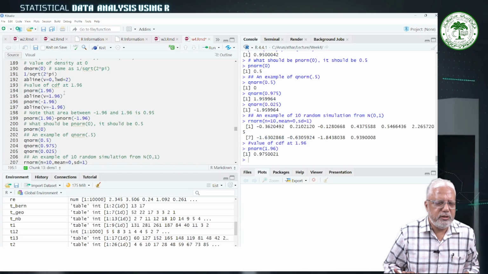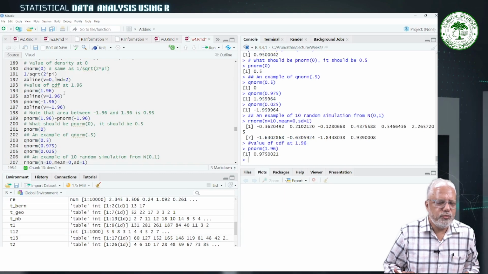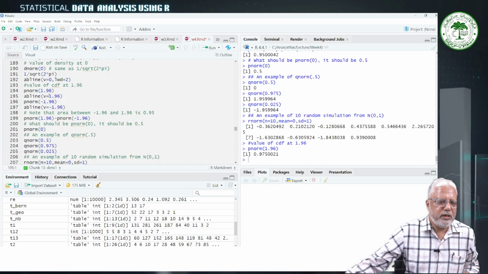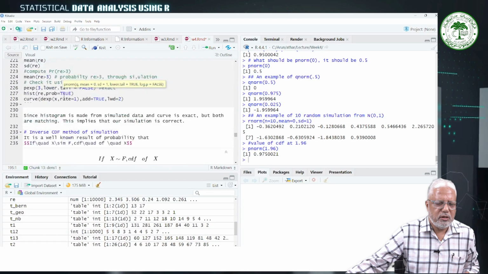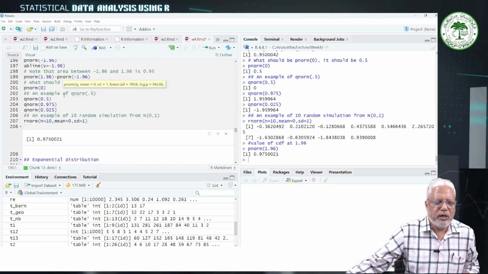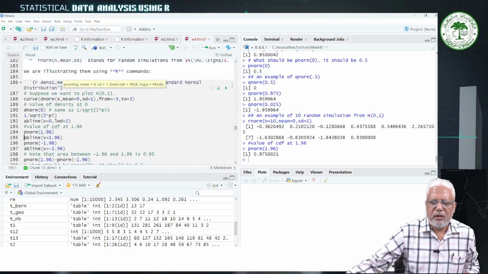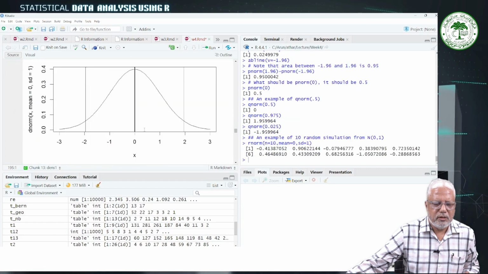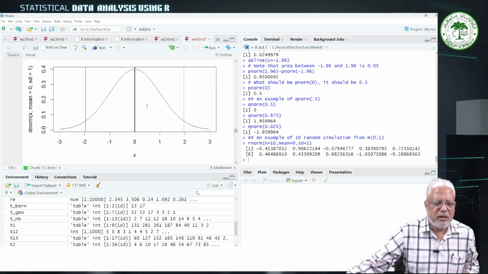Now if we want to plot a line, we have to add a vertical line at 1.96. So here it is 1.96, we have added a vertical line.